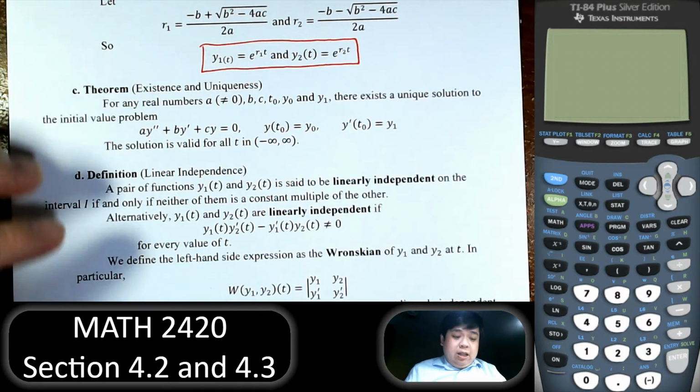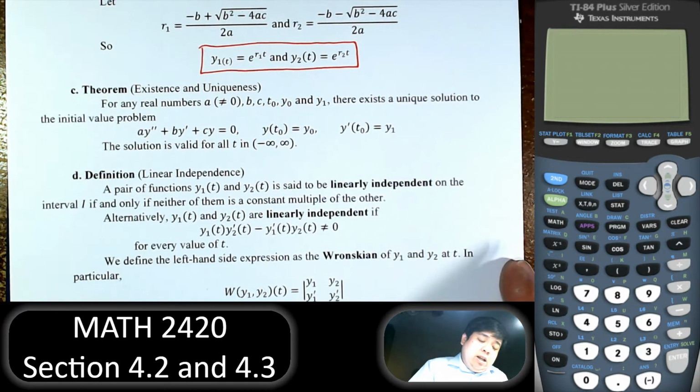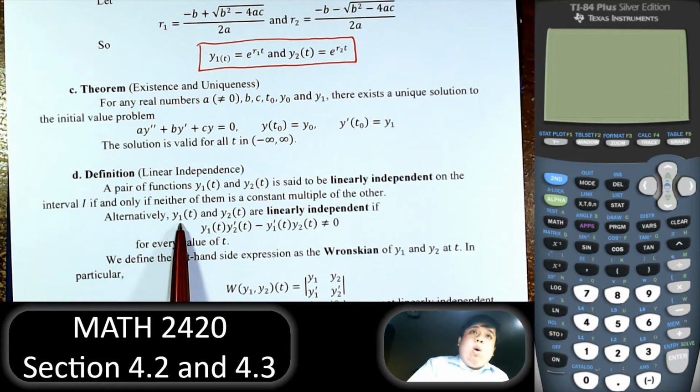Now we have another definition of linearly independent. y1 of t and y2 of t are linearly independent if y1 y2 prime minus y1 prime y2 is not equal to 0 for every value of t.